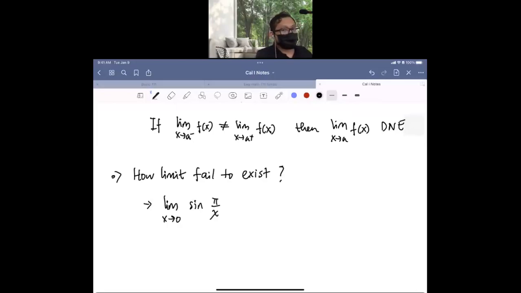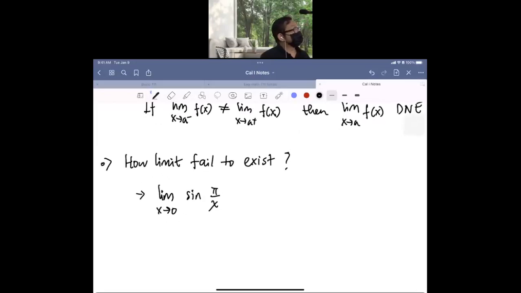If we look at this sine pi over x, well, we can try to check some values of x. Check x equals 1.